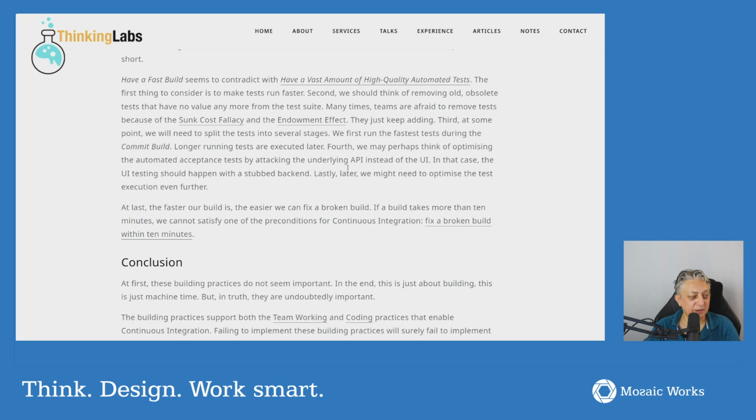But this is one of the ways we deal with slow builds in C++. We build modules and then we refer to modules by the binaries.